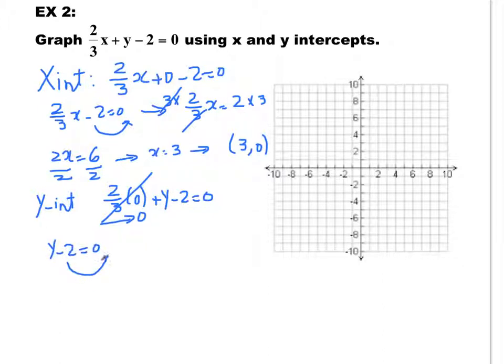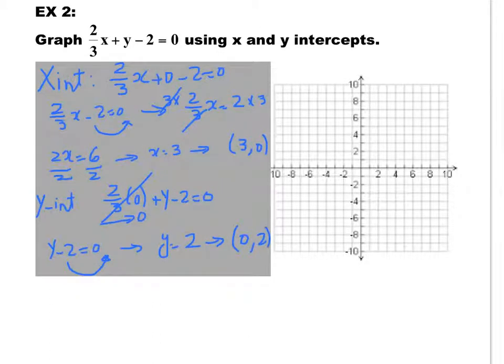I will move negative 2 to the right and change the sign, so I get y is equal to 2. So the y-intercept is going to be (0, 2). Now I have this point, which is the x-intercept, and this point, which is the y-intercept. I will plot them on this graph, and then I will connect them with a line.